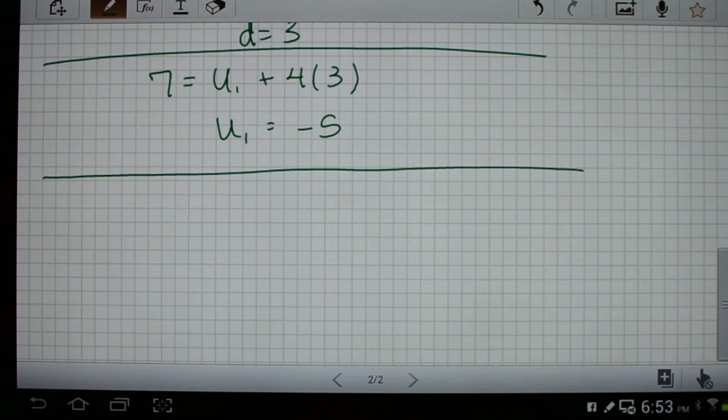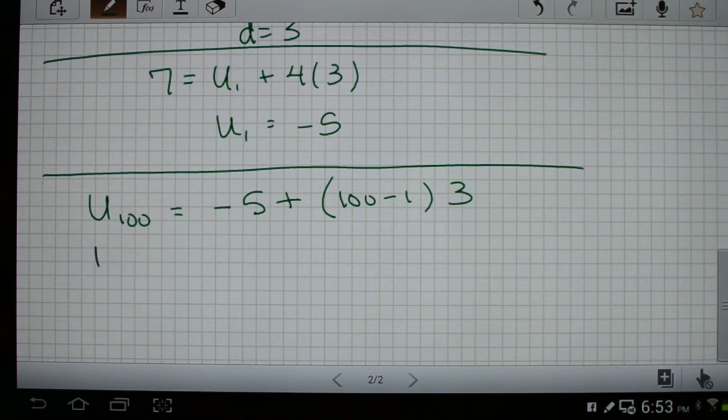So U100 equals U1, the formula states U1 first, so it's negative 5, plus parentheses n, which is 100, minus 1, times the common difference, which is 3. And this is all the formula from the first page.